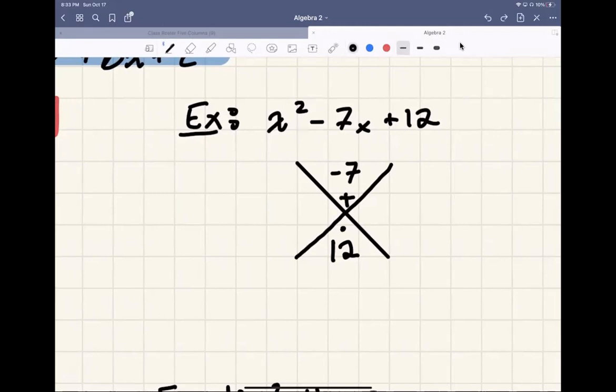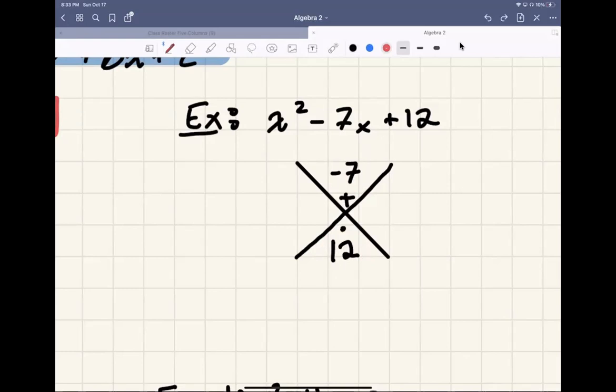Here's a trick. Since it's minus 7 and positive 12, we know that both our factors have to be negative. Think about it: we multiply into a positive, but add up to a negative. So negative times negative is positive. Let's see, -6 times -2 does not add up to -7. Let's see what else multiplies to 12. 3 times 4.